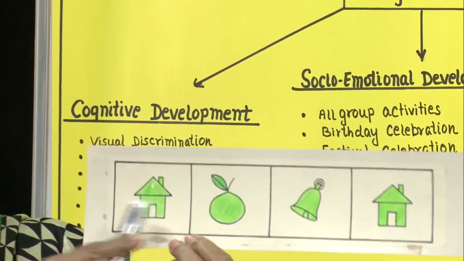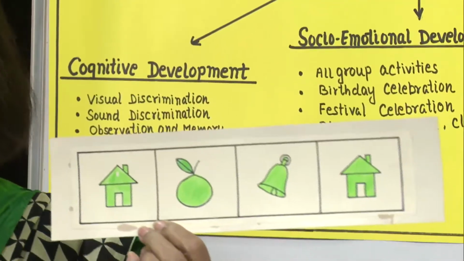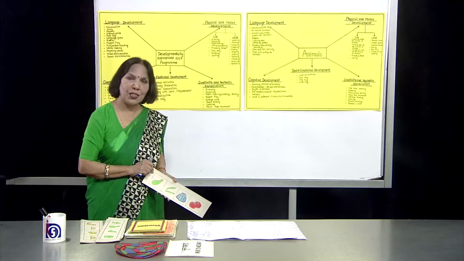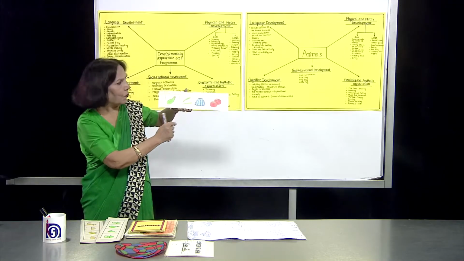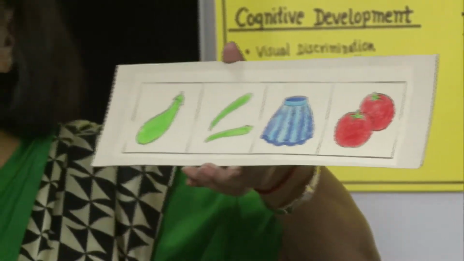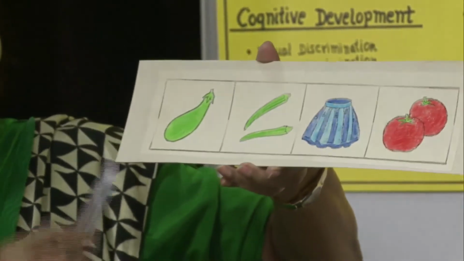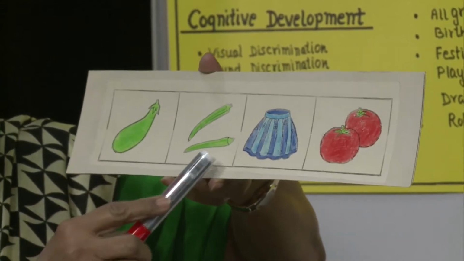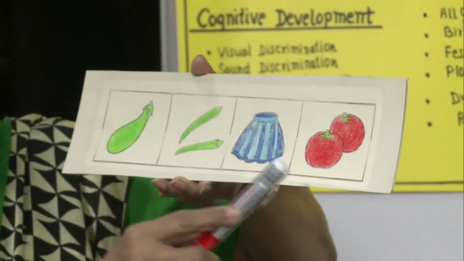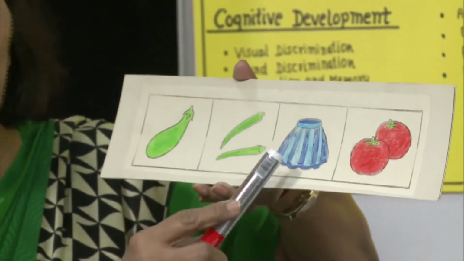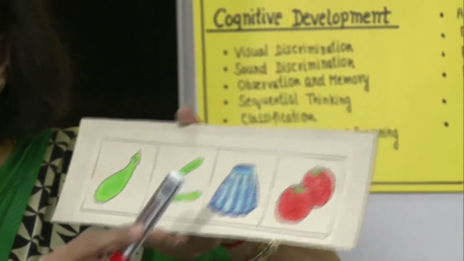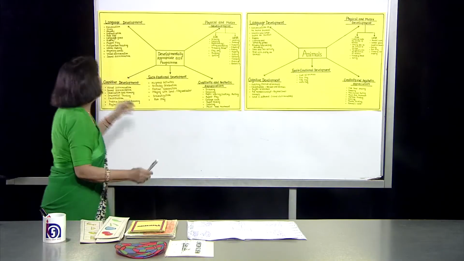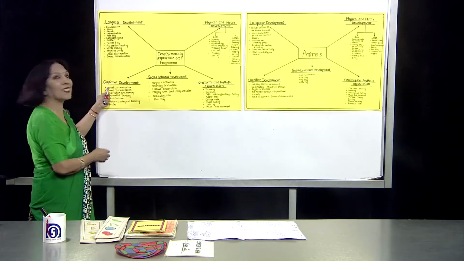Now, this one and this one are same. For visual discrimination, another picture: which picture is different? This is vegetable, this is vegetable, this is not vegetable and this is vegetable. So, this picture is different. So, this activity is for visual discrimination skill.